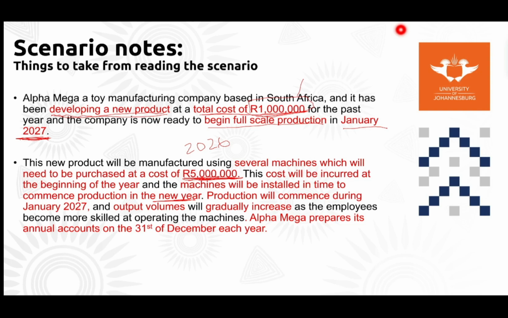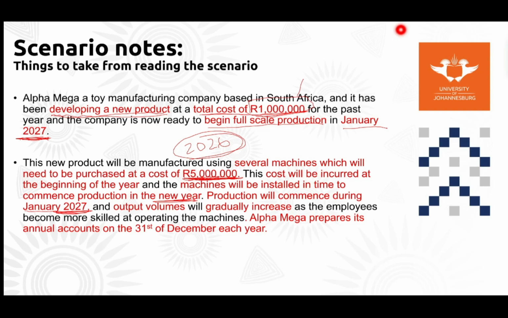So this cost will be incurred at the beginning of the year, and the machines will be installed in time to commence production in the new year. Production will commence during January 2027. So we were right to assume that this 5 million has been purchased in 2026, right? And should be included in our NPV calculation.